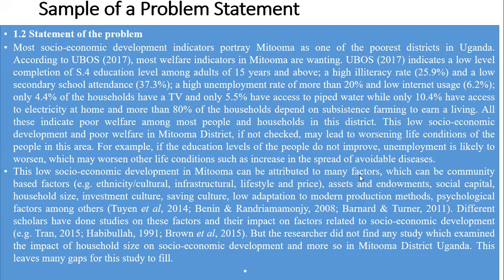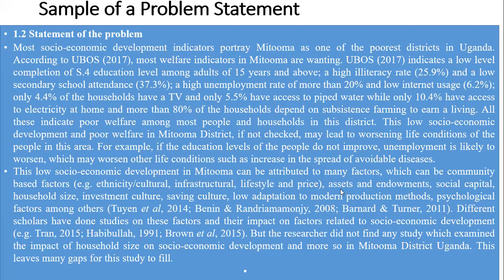Of course, as you read, you will see that many people have talked about several causes, so several factors. Somebody said they can be community, people's poor or low socioeconomic development may be cultural, may be based on low infrastructure development, may be based on their lifestyle, may be based on other factors.